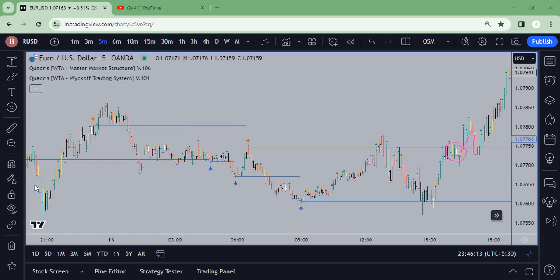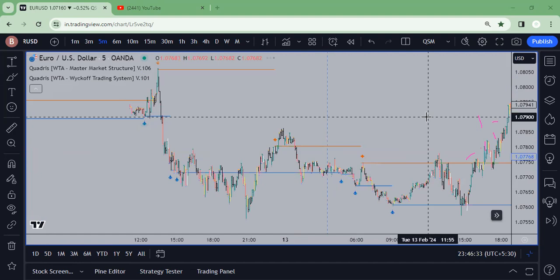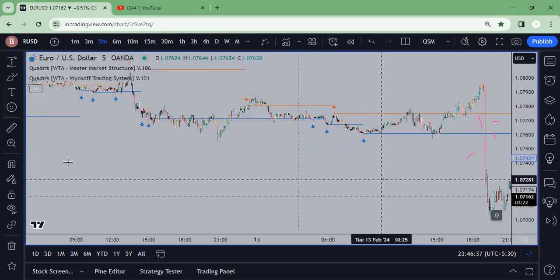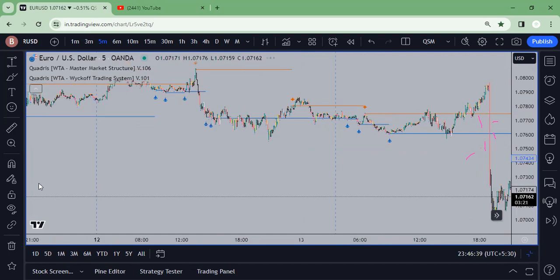This could be a stopping volume kind of bar, which resulted in an upward stride with a heavy volume test, and this was an absolute buying opportunity at this particular bar, which resulted in price reaching, one second, let me zoom out a little bit, price reaching this particular area.